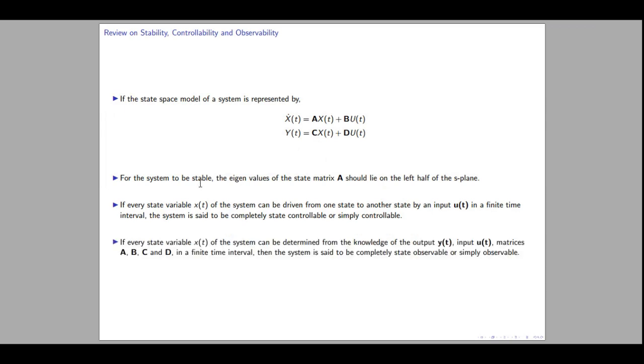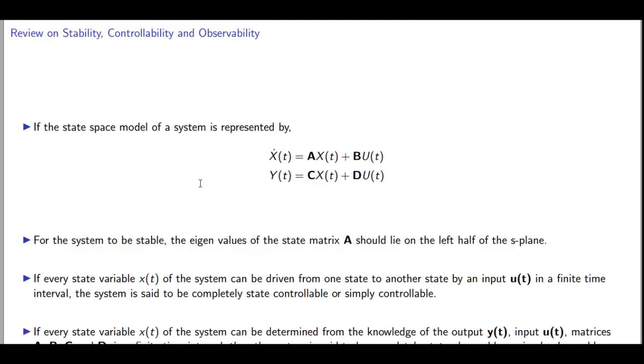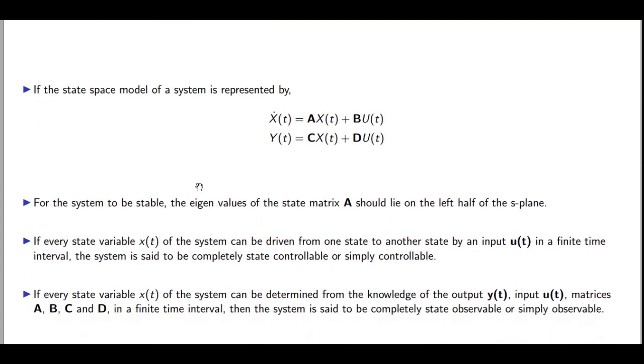Then we saw about the observability also. If I have an output, with the knowledge of the output, input, and the system matrices A, B, C, and D, if I can determine all the states in the system in a finite interval, then I will call it a completely state observable system, or simply an observable system.